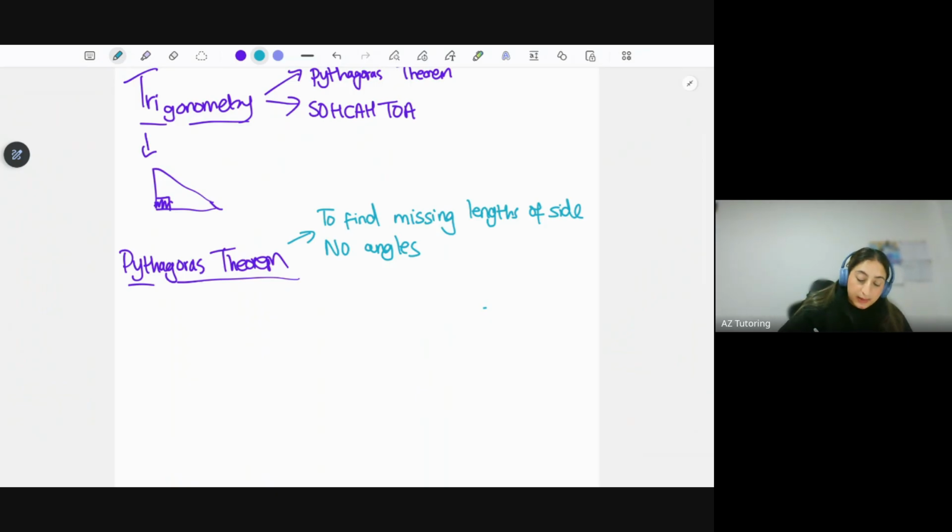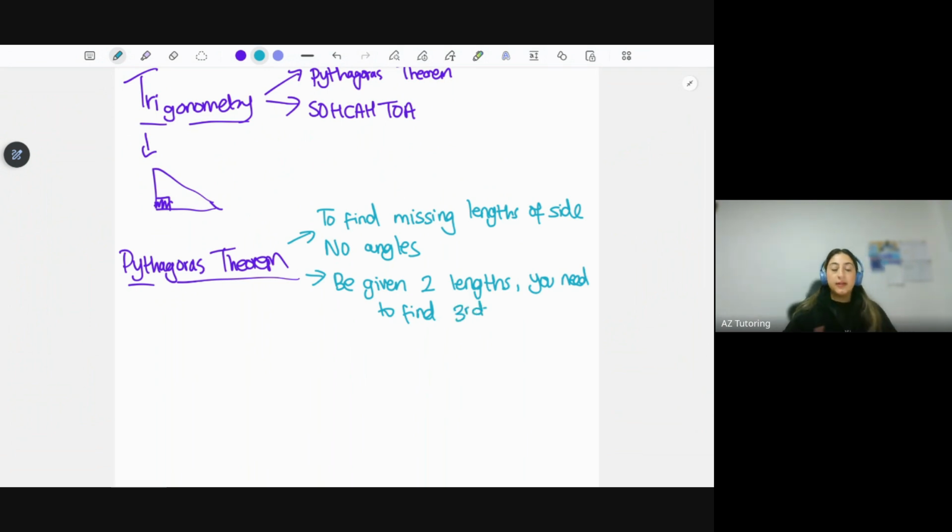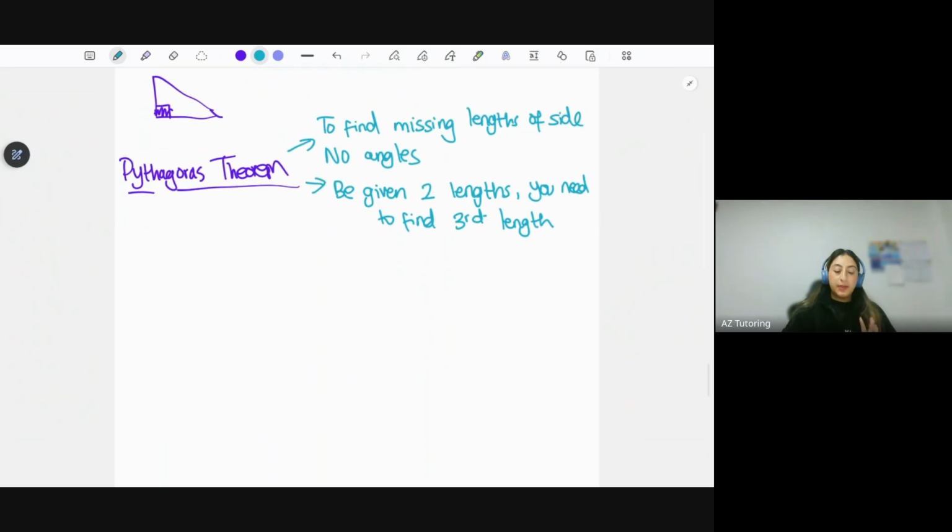So no angles, and to recognize Pythagoras, you will be given two lengths and you need to find the third length, because there are three sides, three lengths, in a triangle. So those are the facts about Pythagoras' theorem: when you need to use it and how you use it.